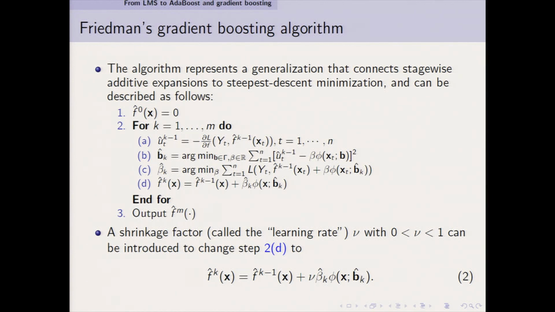Having done that, you want to minimize the loss next, and you do this beta_k hat. So this is basically the gradient boosting algorithm, or the steepest descent idea that he introduced.